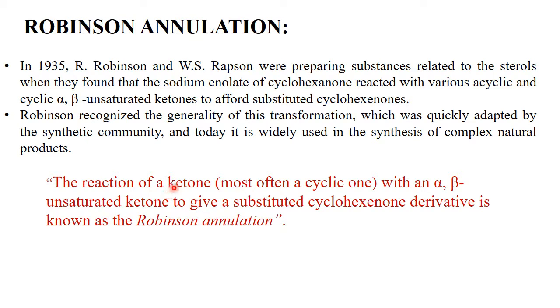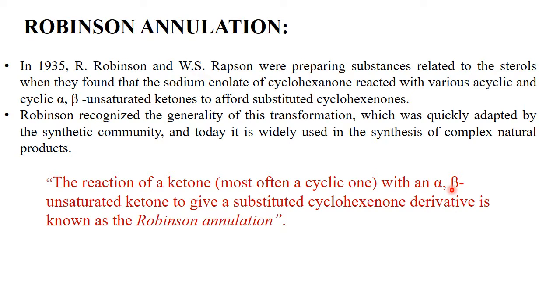After this, Robinson recognized the generality of this transformation, which was quickly adopted by the synthetic community, and today it is widely used in the synthesis of complex natural products.